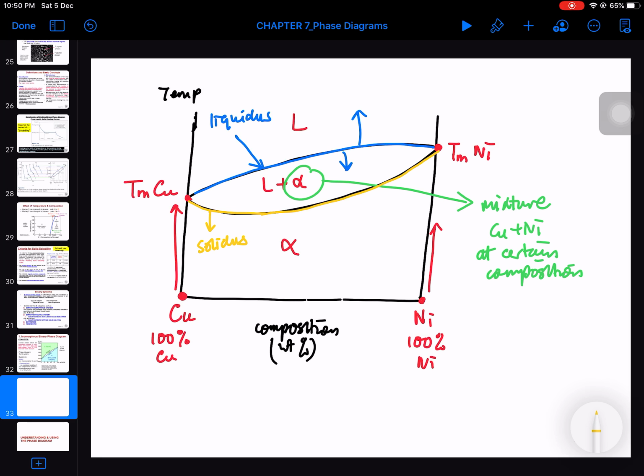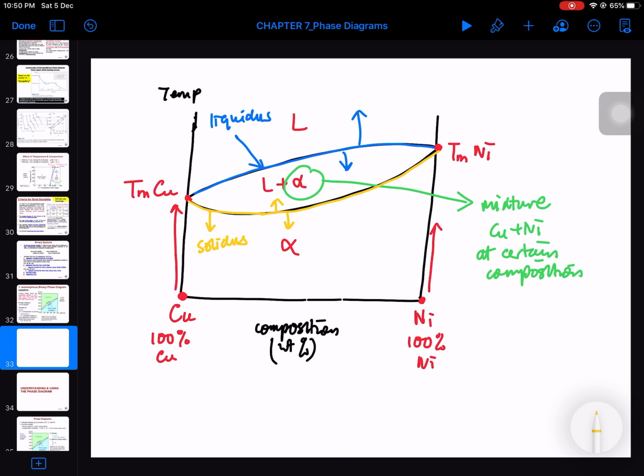Above the solidus line, there is still some liquid, and below which everything has already solidified into solid. So that's basically how we look at the phase diagram.